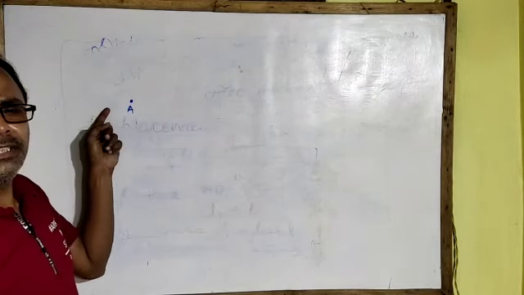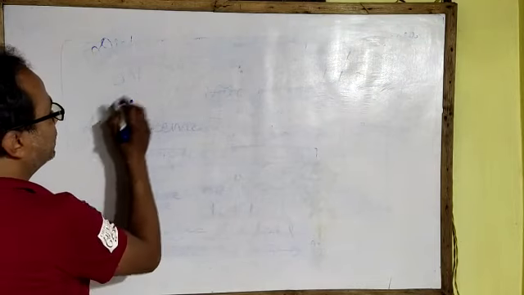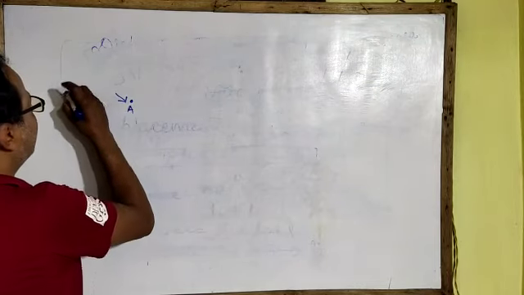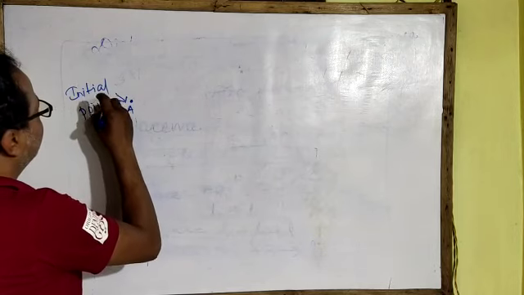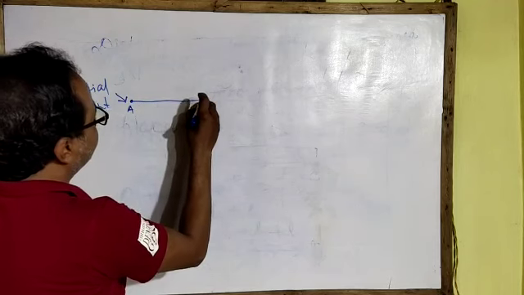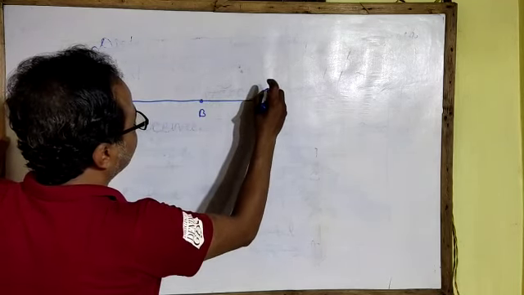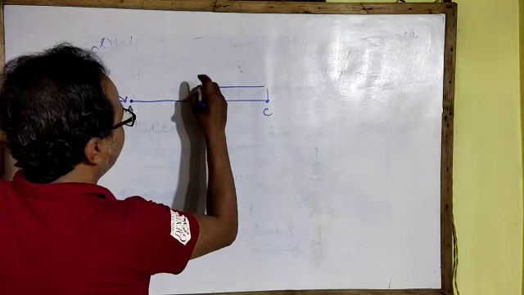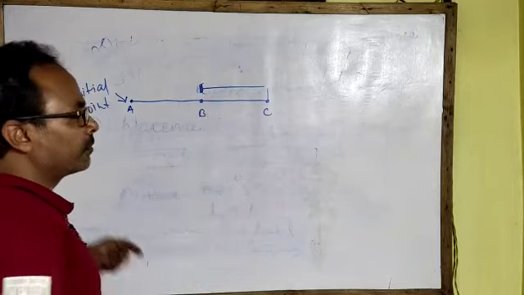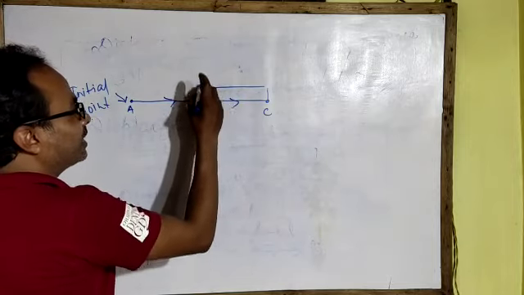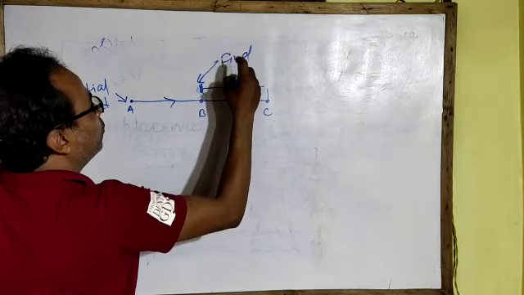This is the point of initiation from where he started traveling, so point A is the initial point, and point B is the final point.